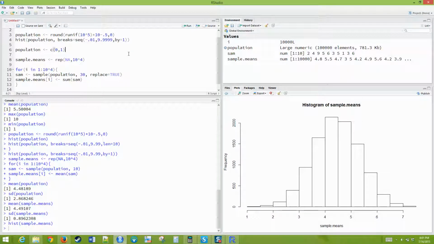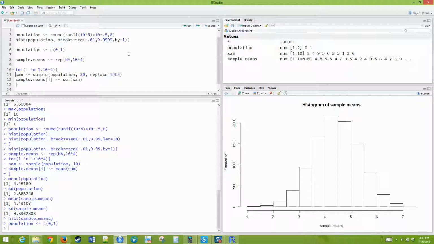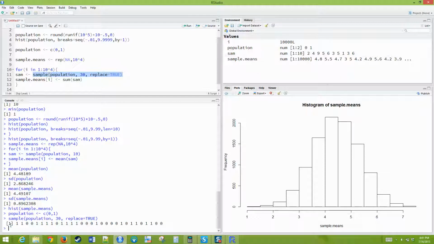So let me just demonstrate. The population is 0 or 1, and so I can take a sample here, and this is what it gets. So the first coin flip landed heads, and the second coin flip landed heads, or whatever it is.